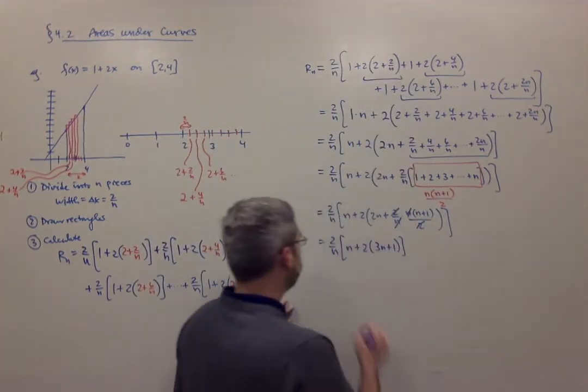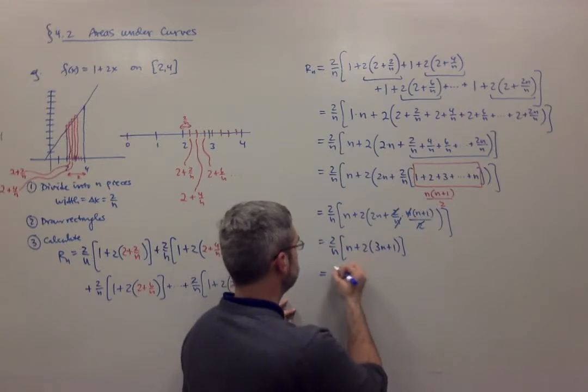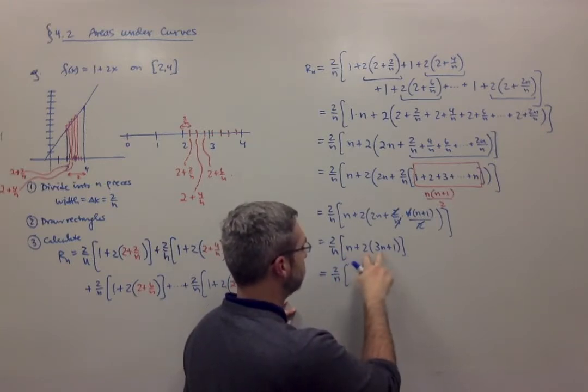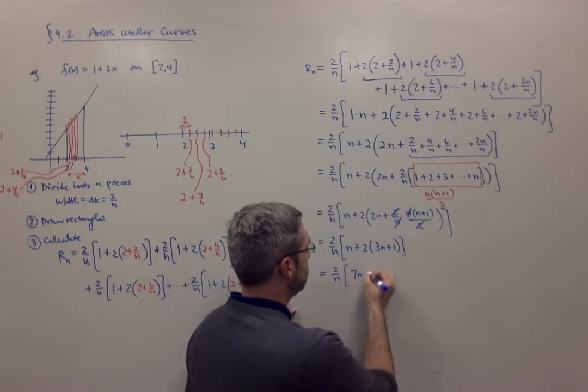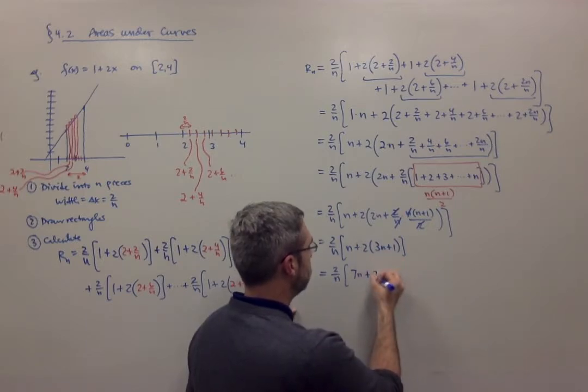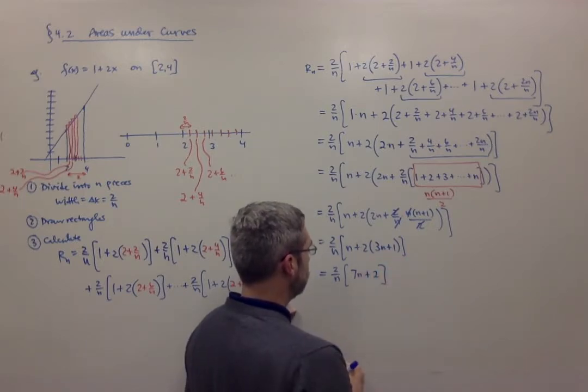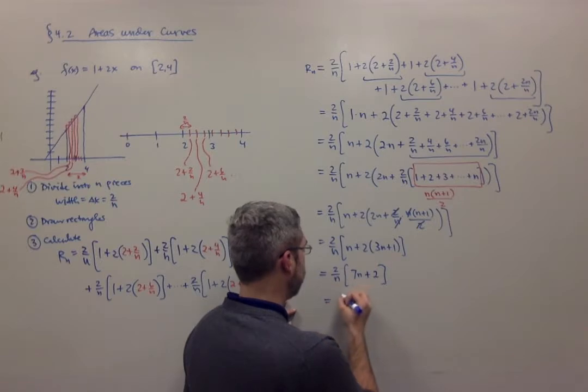So now if I were to multiply that 2 out in there and kind of combine some things, I've got 6n plus another n is 7n plus 2 times 1 is 2. So overall, I've got 14n plus 4 all over n.